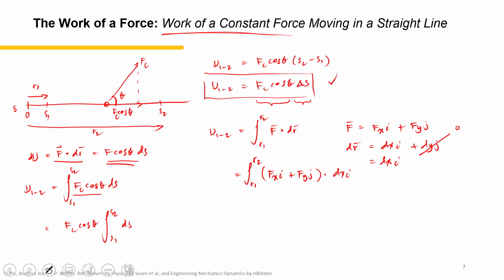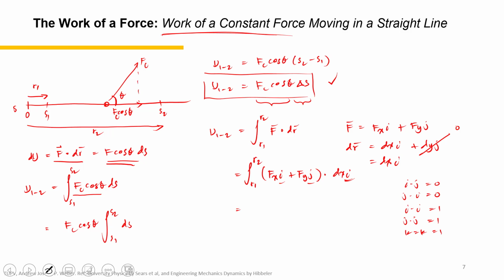The resulting equation: since i dot j is 0, or j dot i is 0, because i and j are perpendicular to each other, the cosine of 90 degrees is equal to 0. So what is left is i dot i, which is equal to 1, because cosine 0 is equal to 1. The same with j and k.